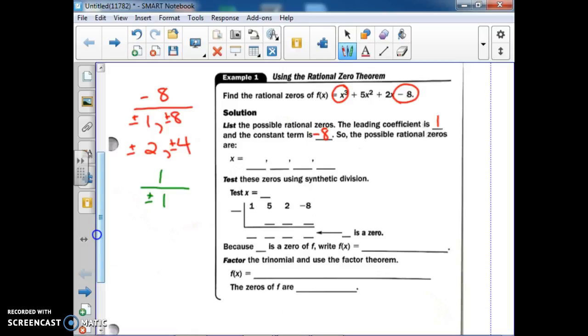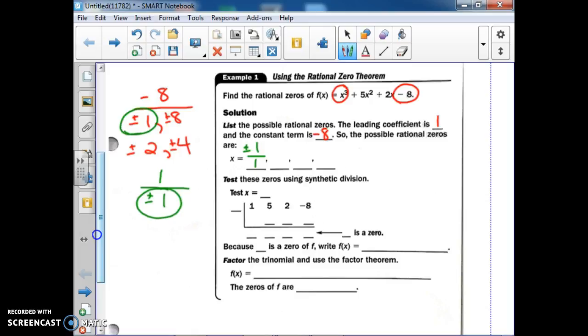And then all you have to do is make fractions with them. So all of our x's, let's start with the first factor of -8, plus or minus 1 over 1. And that 1 comes from the leading coefficient. So all of our denominators are going to be 1 because our leading coefficient is 1.